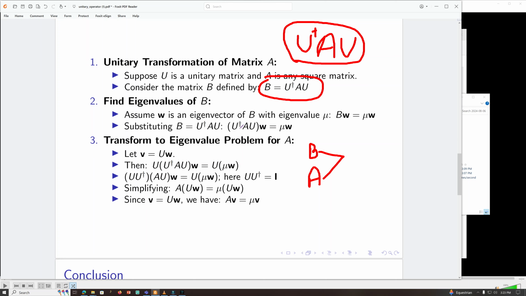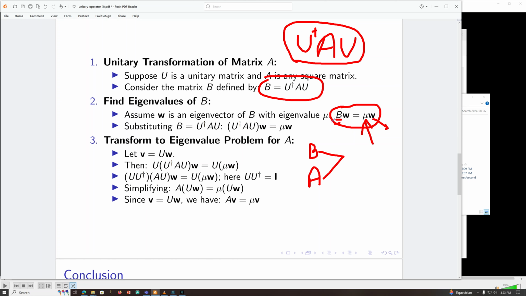Let's move ahead to prove that, and let's start from the eigenvalue equation of B by supposing mu as the eigenvalue of matrix B and W as its corresponding eigenvector or eigenstate.